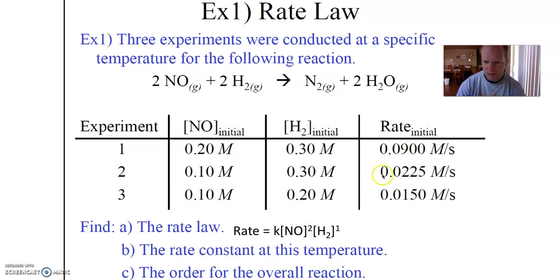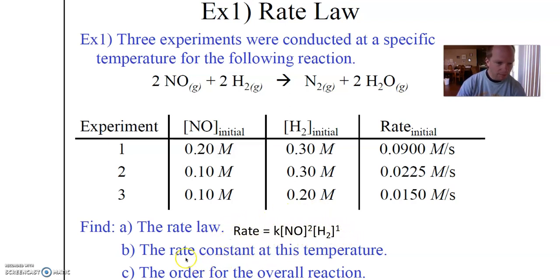And then if I look at this, this is kind of weird, kind of hard to understand. But if I increase this one by 50%, my rate of reaction increases by 50%. That's like a 1-to-1 ratio. So I'm thinking that's a first order reaction. Okay. So that gives me my rate, right?